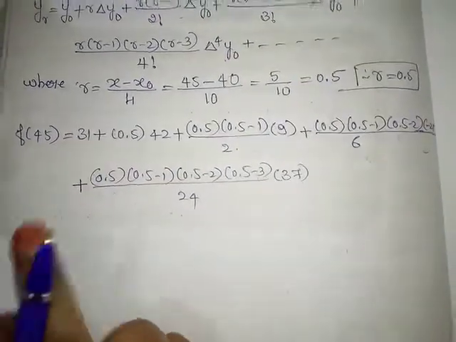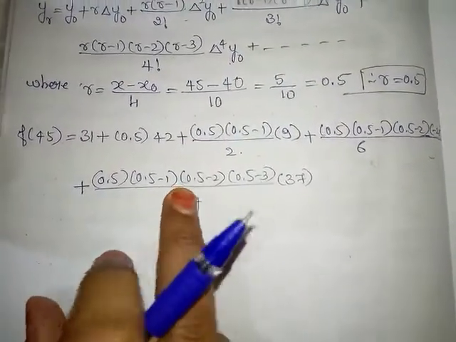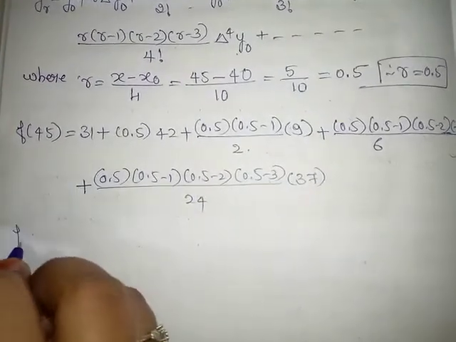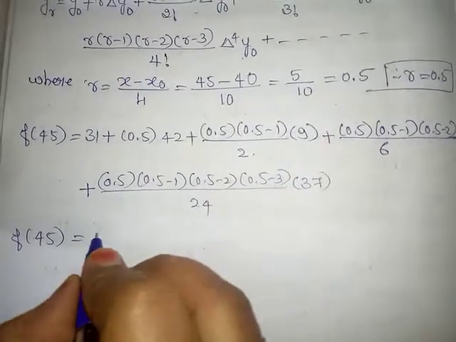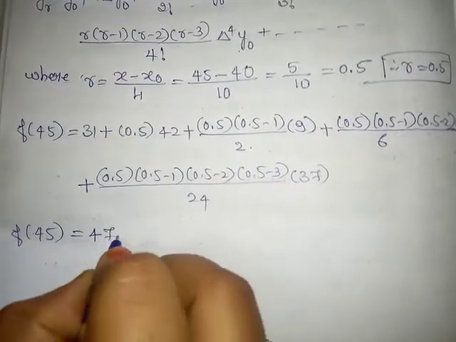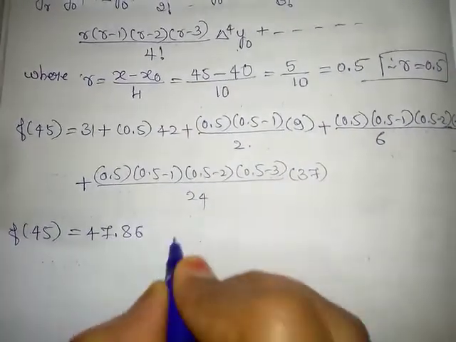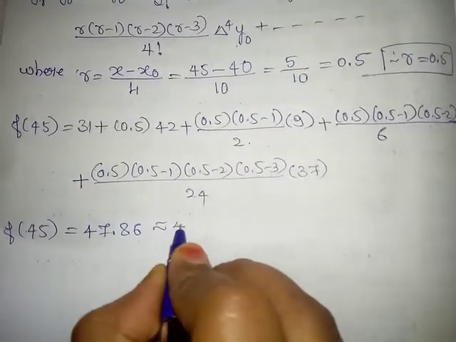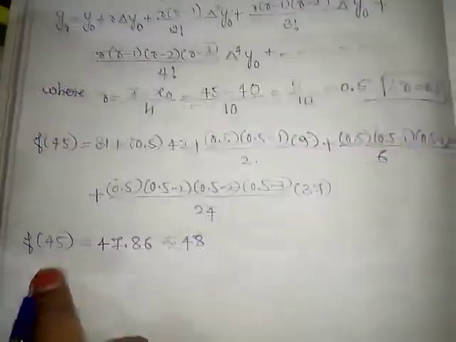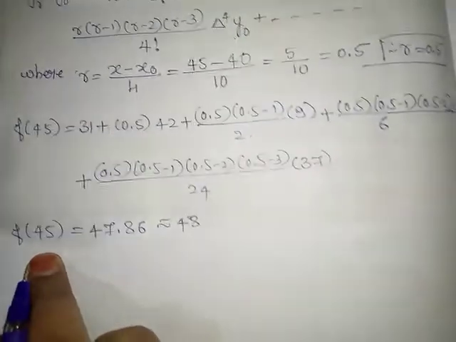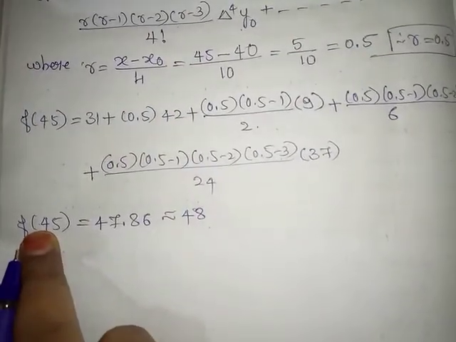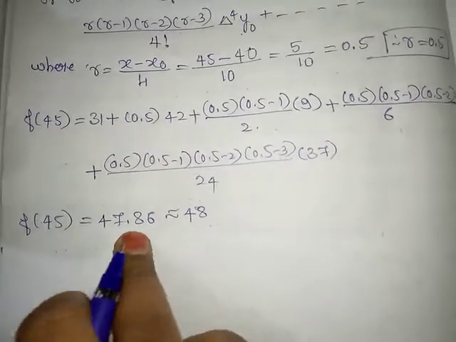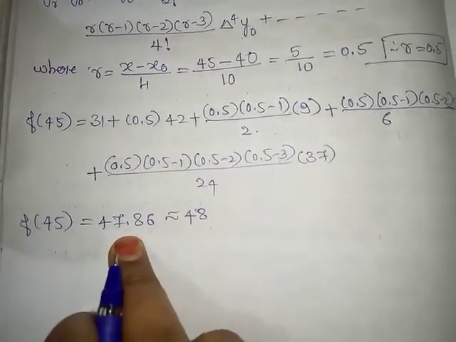Okay, now calculate all these terms one by one. You will get f of 45 is equal to 47.86, which is numerically equal to 48. Here we are finding the number of students which are having less than 45, right?